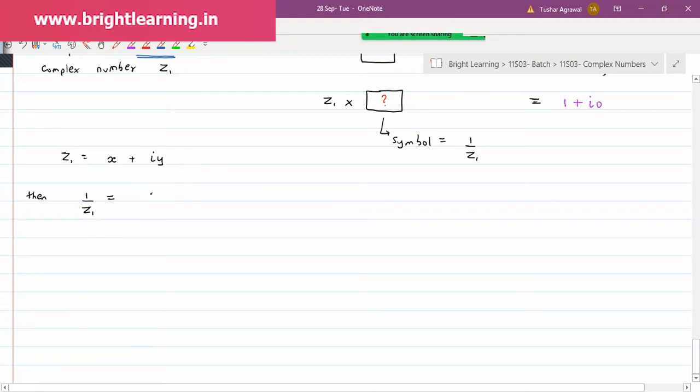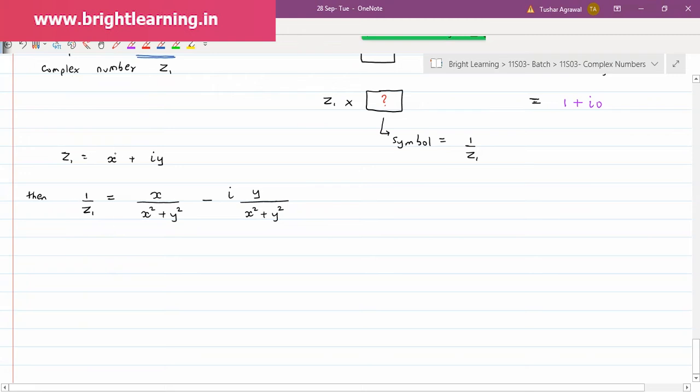So 1 upon Z is X upon X square plus Y square, which is the real part of this complex number, and the imaginary part of this complex number is minus Y upon X square plus Y square. How do you know this? For the next 3 or 4 minutes, just accept that something came in my dream and I know this answer.